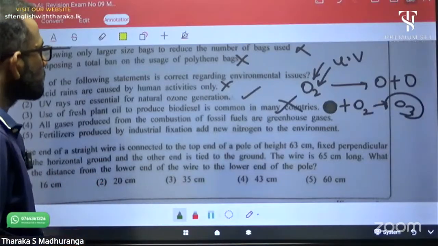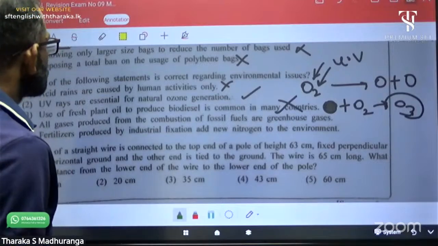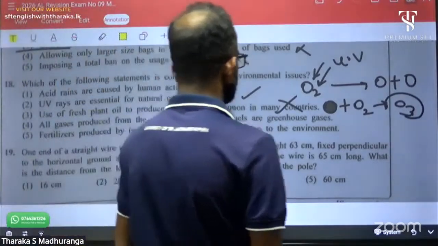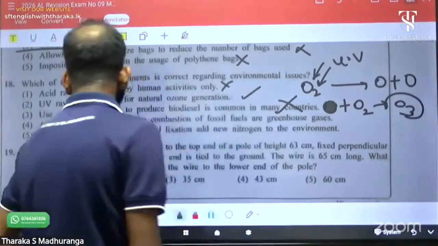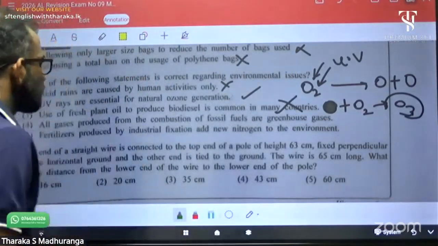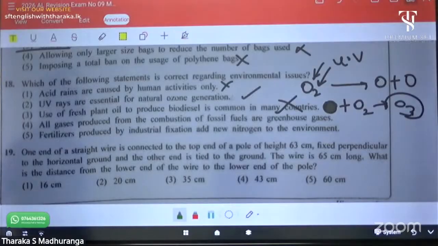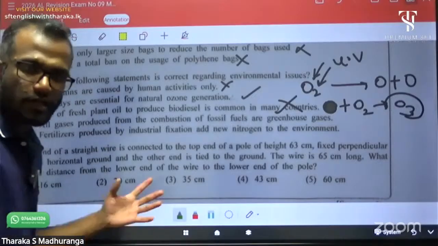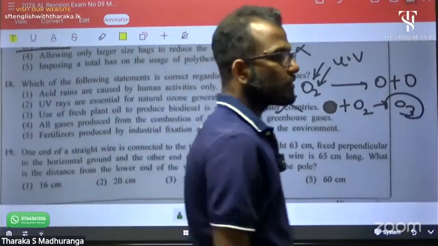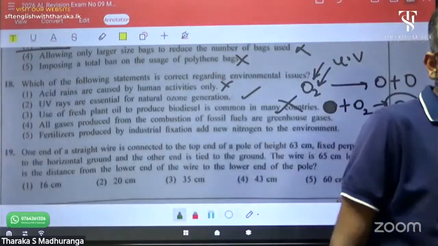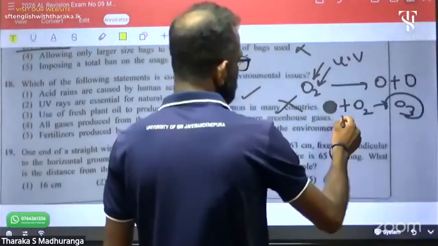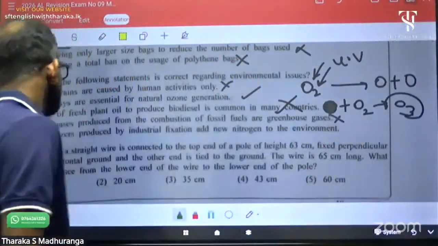All gases produced from the combustion of fossil fuels are greenhouse gases. No. Carbon dioxide is a greenhouse gas, but of the other gases, not all are greenhouse gases. Some gases are greenhouse gases.